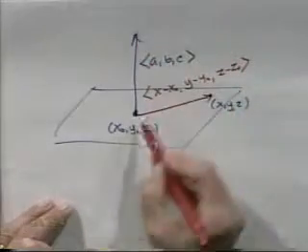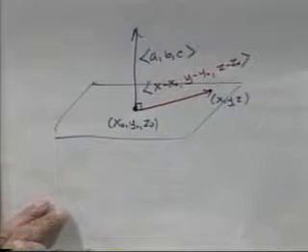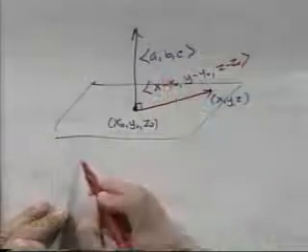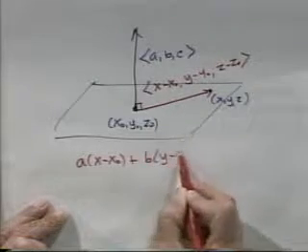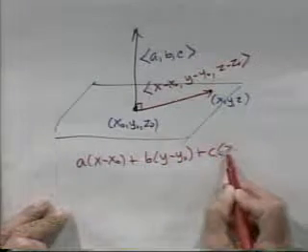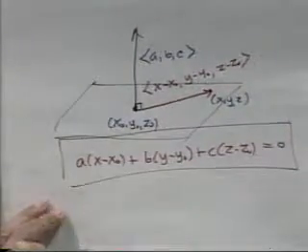And what do I know about this vector and this vector? They're perpendicular. So what do I know about their dot product? So A times (x minus x naught) plus B times (y minus y naught) plus C times (z minus z naught) is 0. And that's why the equation of the plane is what it is.